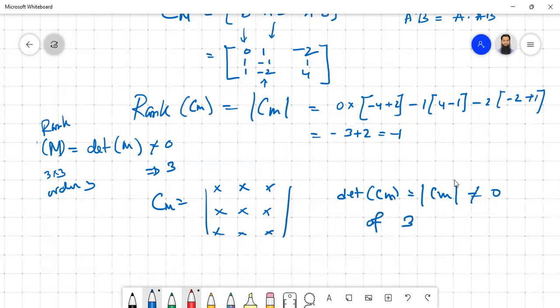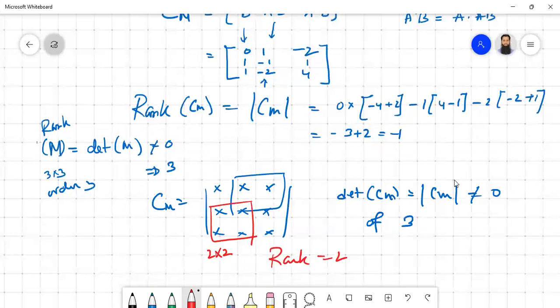But in case you find that it is 0, then you have to find a square matrix out of this one, either this square or this square. Any 2 by 2 matrix that gives a non-zero value, the rank will be 2. And if that is also not available, and only one value is non-zero, then your rank will be 1.